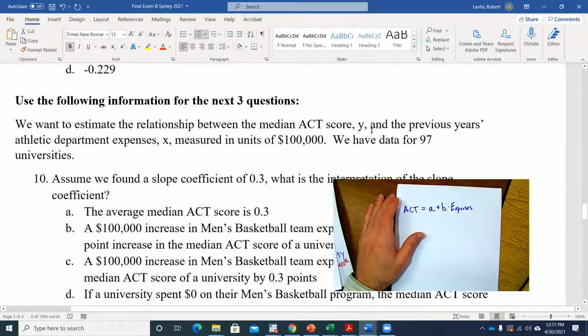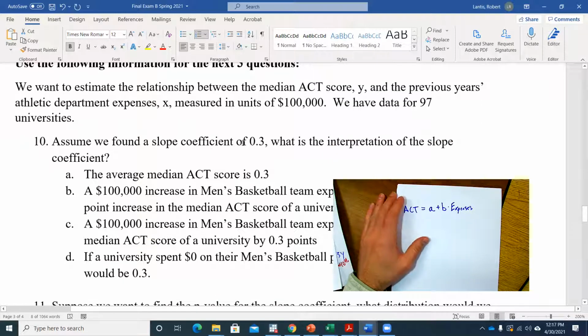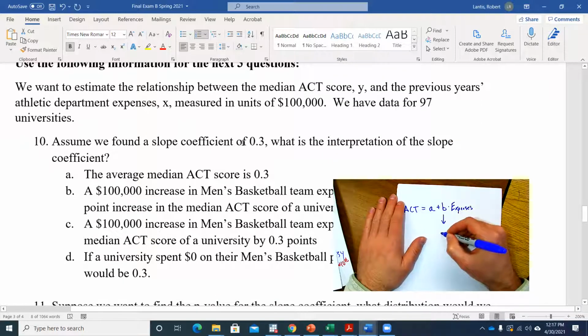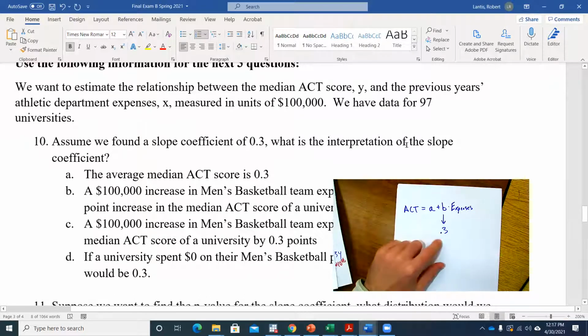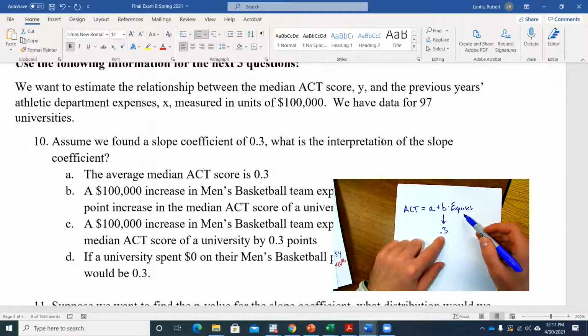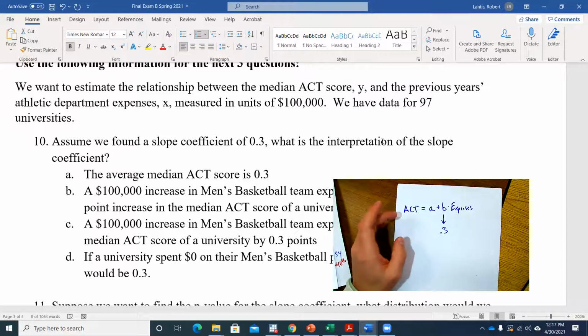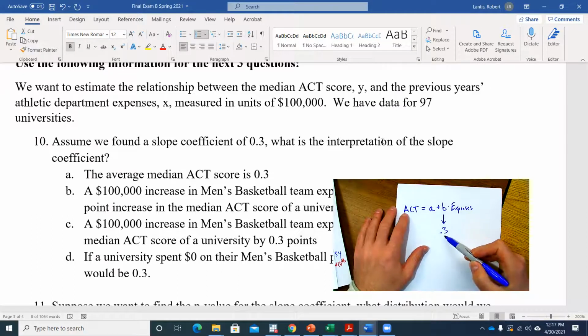So we've got 97 universities. We find a slope coefficient of 0.3. What would the interpretation of that coefficient be? Well, it's a 1 unit increase in our X variable, which here would be a $100,000 increase, because that's the units, would cause the median ACT score of a university to go up by 0.3.